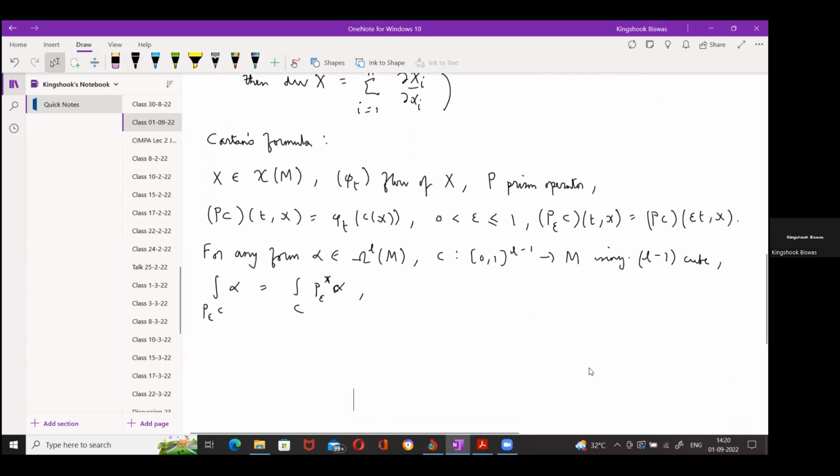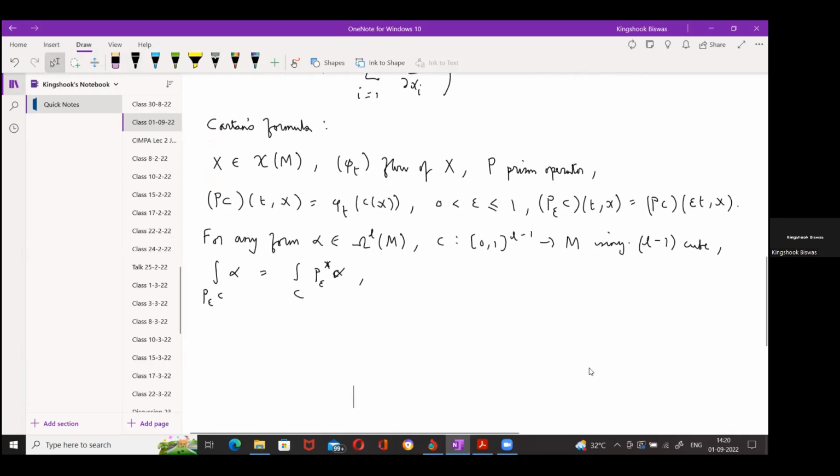Where P epsilon star was the dual operator on forms, which sent L forms to L minus 1 forms.